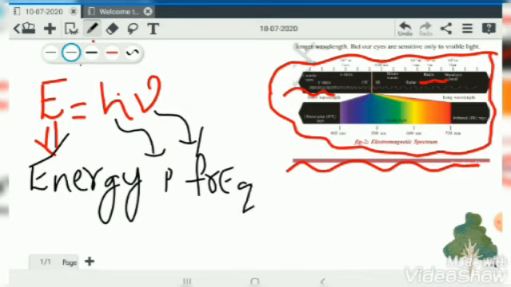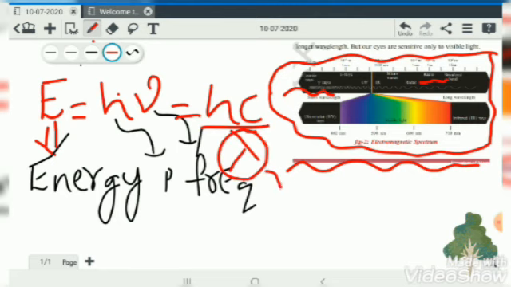So here you can see different rays are associated with different energies. Gamma rays have high energy and radio waves have the lowest energy, and we can write this relation as E equals hc by lambda.